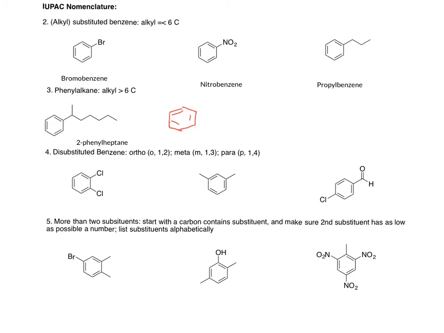For instance, if you see a compound like this, even though there are only 4 carbons in the acyclic chain and it contains a double bond, you could name this compound 1-phenyl-2-butene.